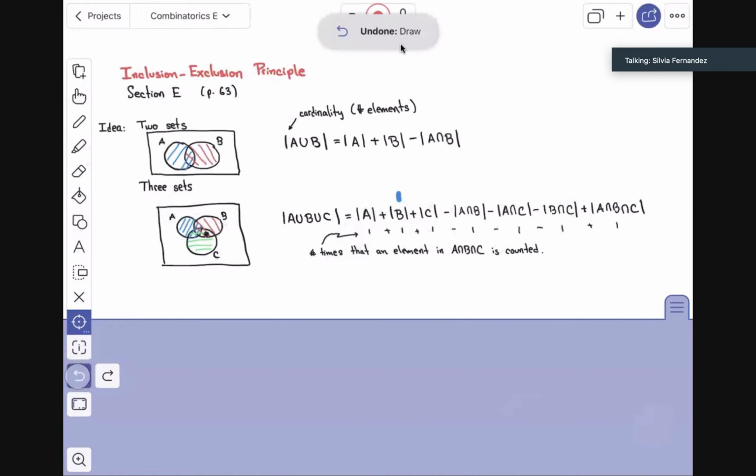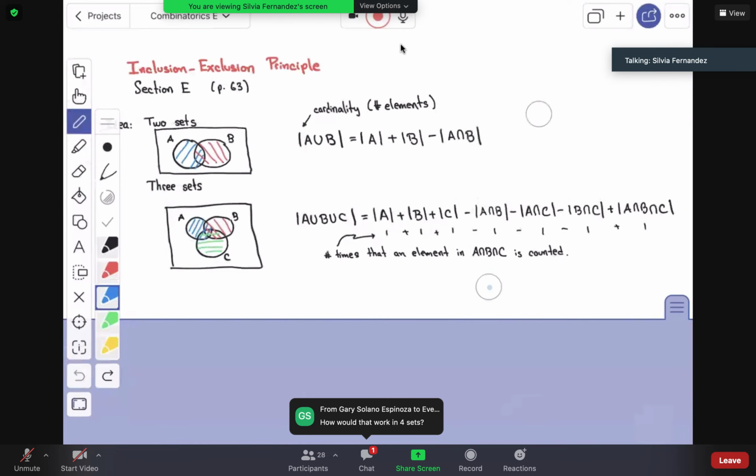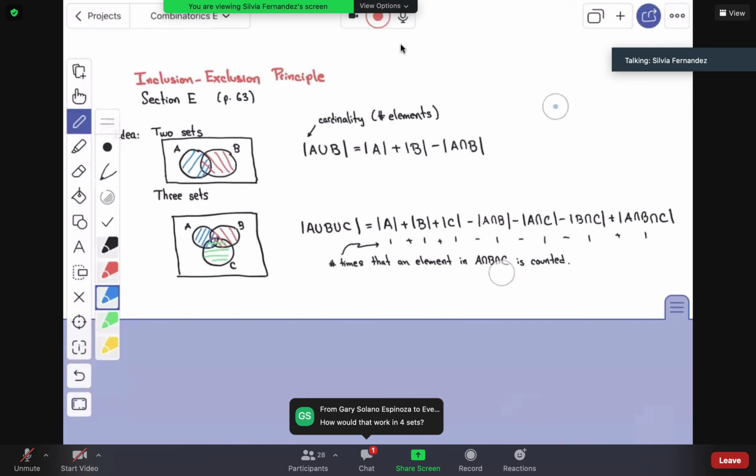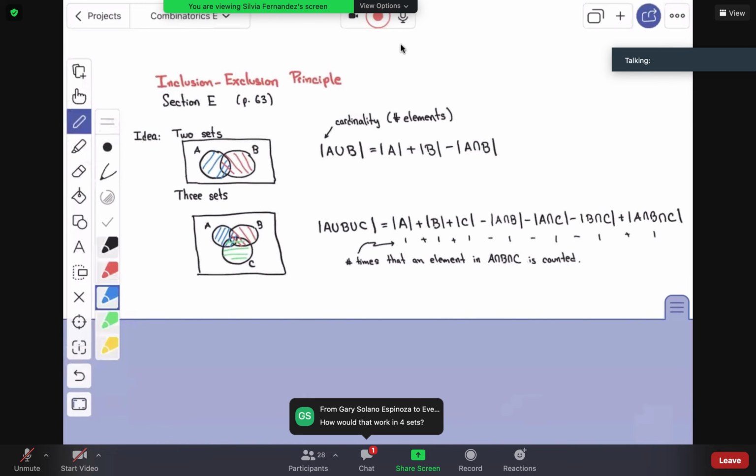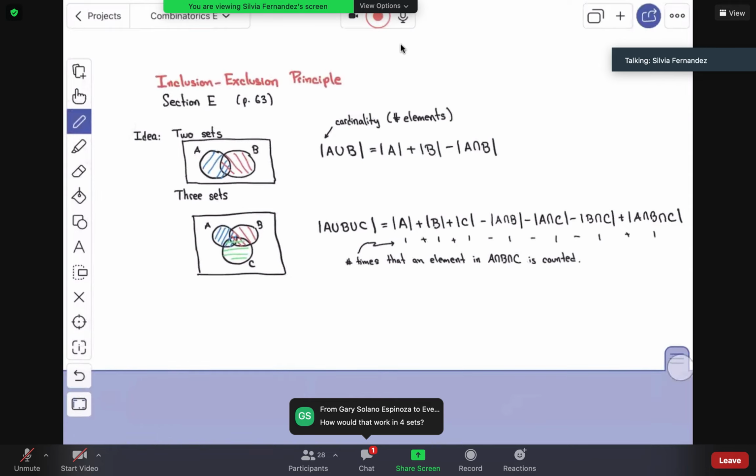And this we can see in these Venn diagrams, but after 3 sets, we no longer have Venn diagrams, at least not with disks. We cannot model all the possible intersections when you have 4 sets. But we can generalize this idea, and that's what is called the principle of inclusion and exclusion.